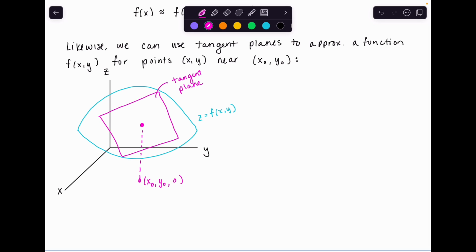So its projection in the xy plane is just x naught, y naught. What I need is the normal vector for this plane, n. And this has components a, b, and c. So I want to figure out what do these things have to be. And again, it really just ends up being that gradient vector because we know that's going to be orthogonal to our tangent plane. Okay? But I will show you how that comes about utilizing just this particular example.